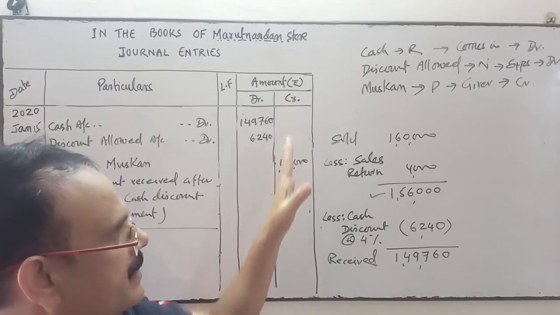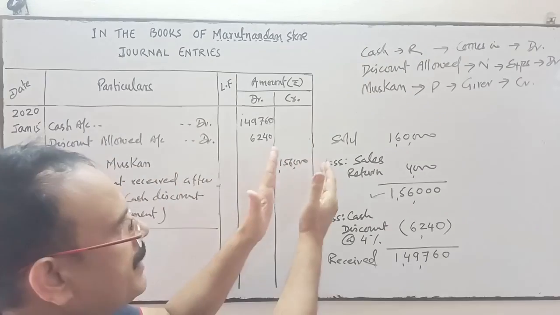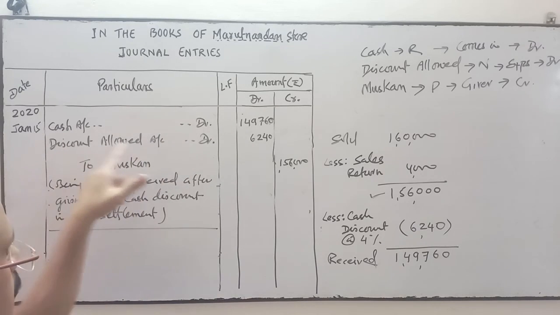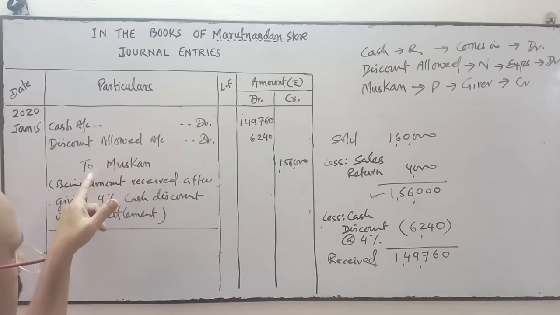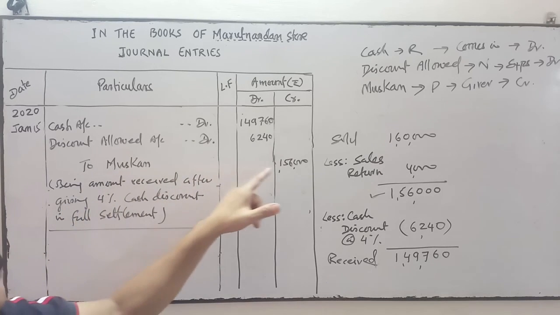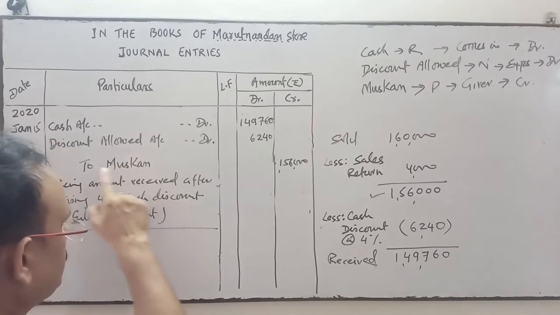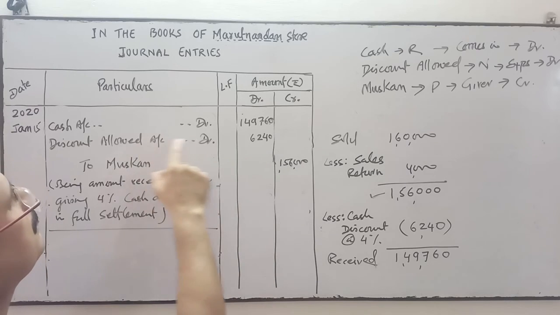If the credit amount is there, then we'll write in the credit column. For amount there are 2 columns, one for debit, another for credit. If any account is debited, we write the amount in the debit column. If any account is credited, we write the amount in the credit column, in a straight line.